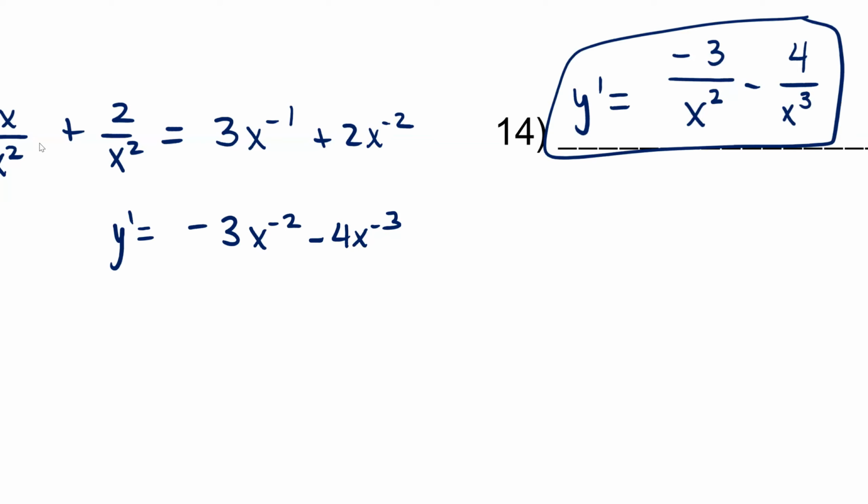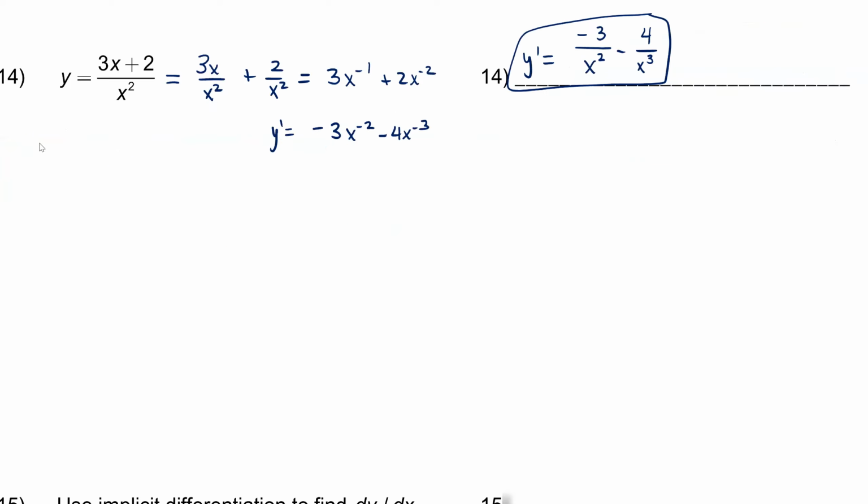Could you not leave it like this? No, because it's not fully simplified. If it's just x's to some negative exponent, you can move it on bottom. To be technically simplified, you shouldn't have any negative exponents. Okay, if we do quotient rule, we should get the same thing.